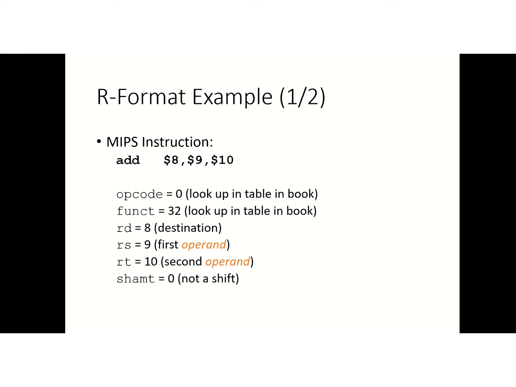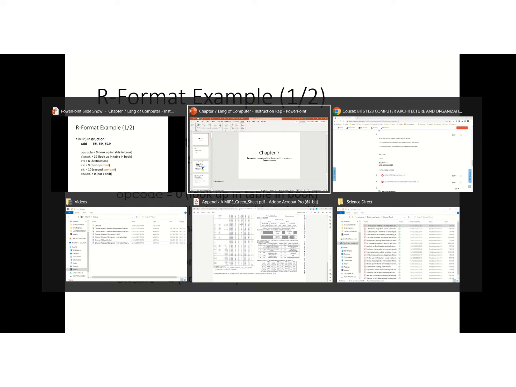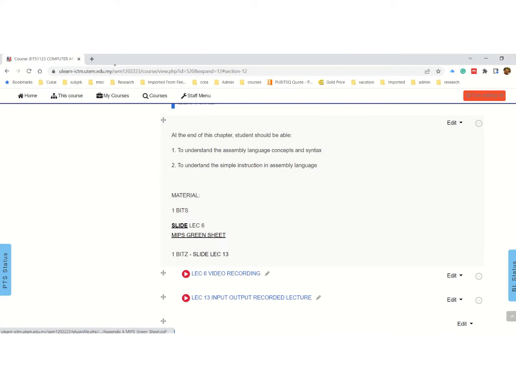Now, before we learn about the MIPS instructions and decoding into machine language, I will teach you how to use the MIPS green sheet. You would need to download it on uLearn, from week 6.